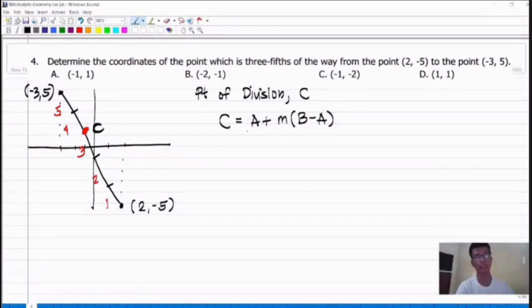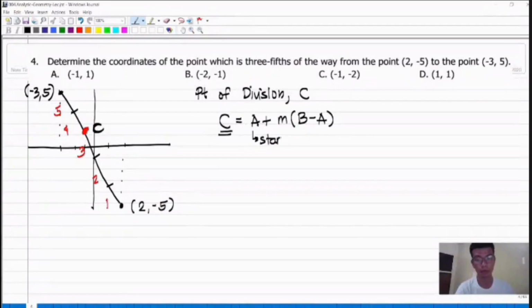So, ano naman si A and B? Since alam na natin si C is the point of division, si A must be the starting point. At si B naman, dapat siya yung terminal point, siya yung kabilang dulo ng ating line segment.